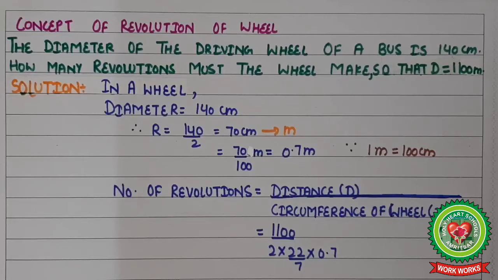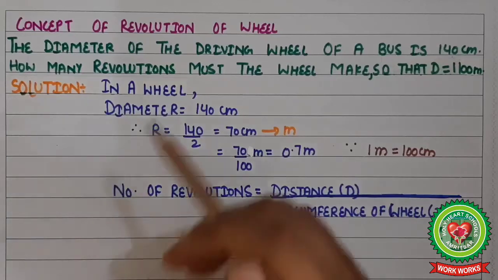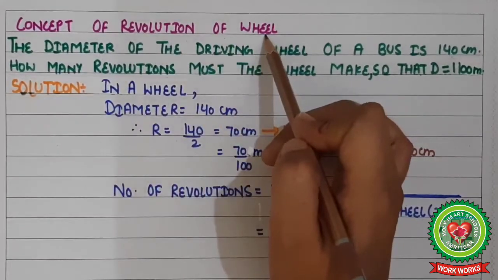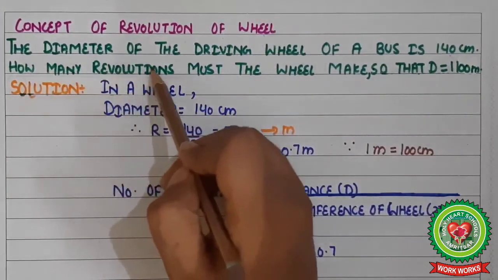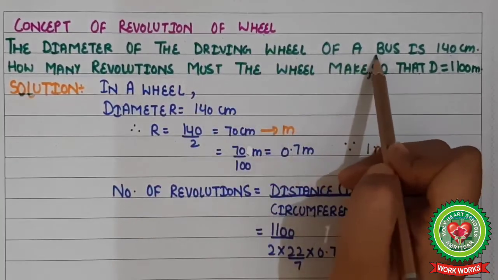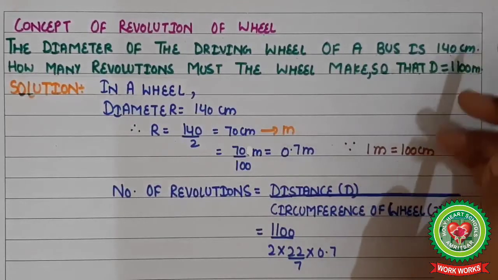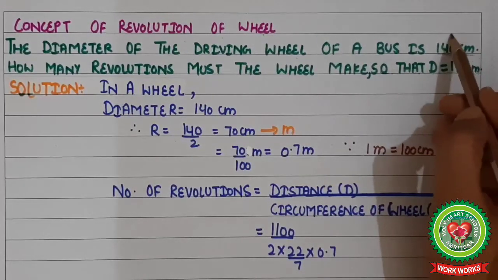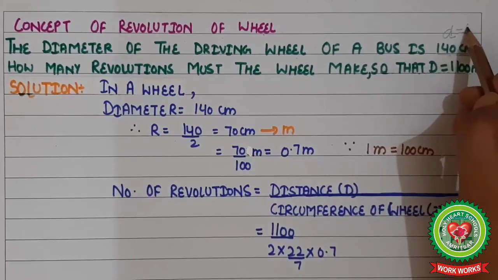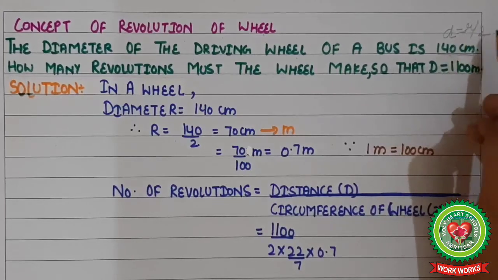Now we will discuss a sum which is related to concept of revolution of wheel. Statement is, the diameter of the driving wheel of a bus is 140 centimeter. So this is the value of d, and we know that radius is half of the diameter.